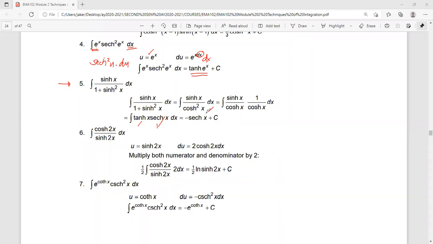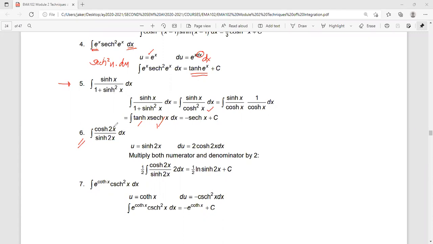Okay. Now, the number 6 example is already a combination of 2 techniques. One is for the integral yielding an ln. You could see an ln here. So you will have an ln if it's a du over u, meaning the derivative is in the numerator and you have the u in the denominator.